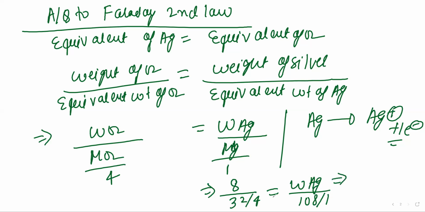So calculate it. This 8 will be cancelled by 8. So the weight of silver will be 108 gram.